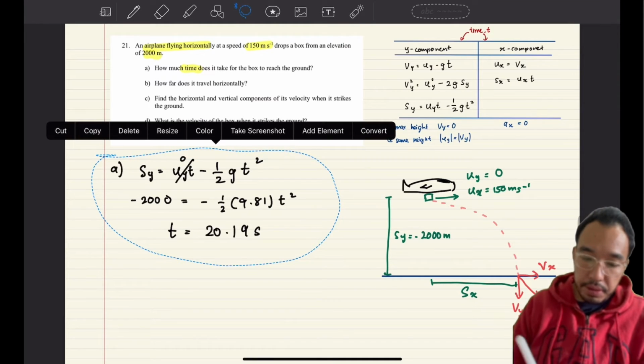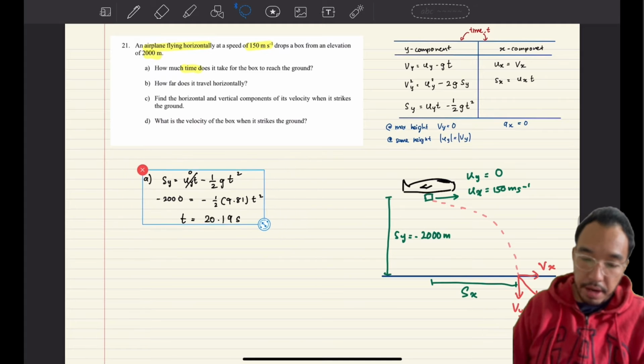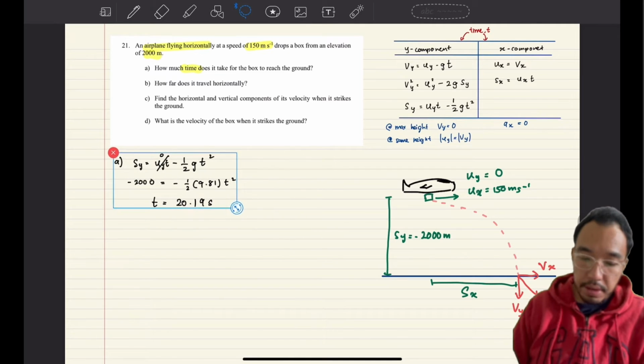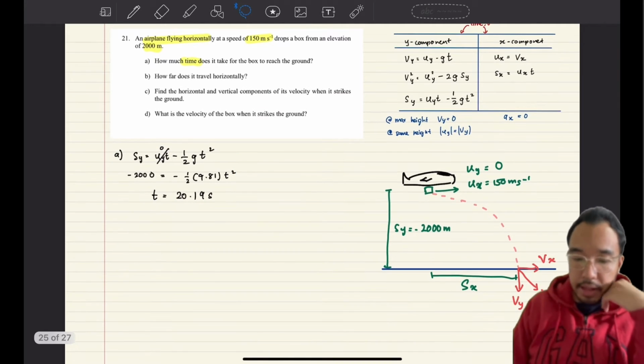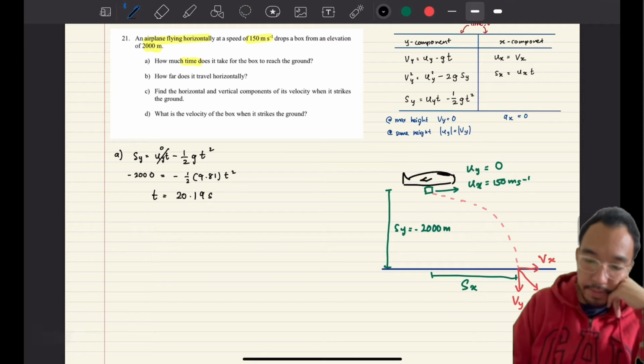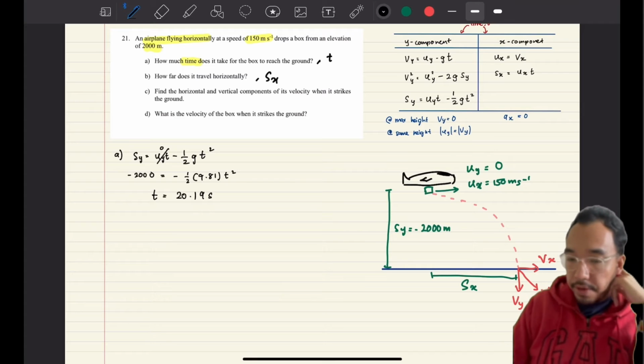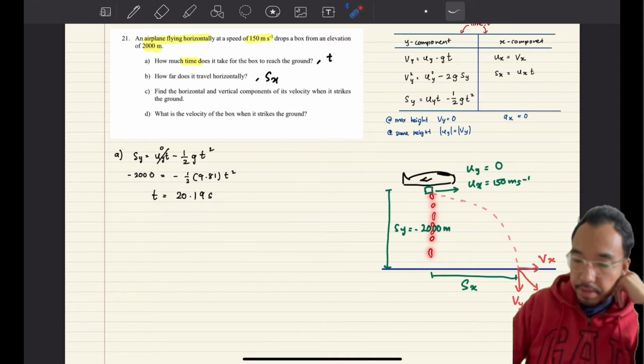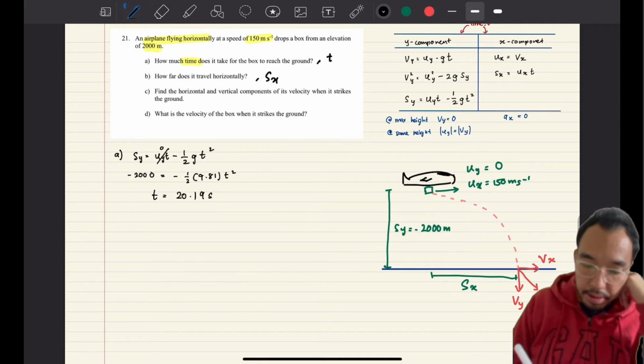Okay, for the next question, question B, the question asks you to find how far it travels horizontally. This actually asks you to find sx, because how far it travels horizontally represents this distance. So this is the starting point, this is the sx. You do have the time now, so you can straight away use sx equals uxt.